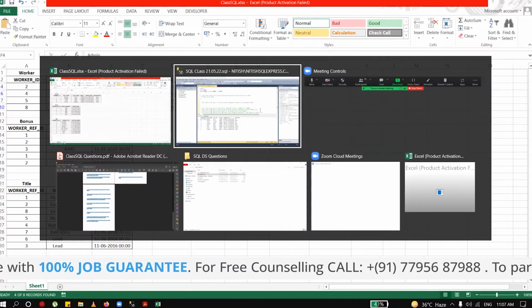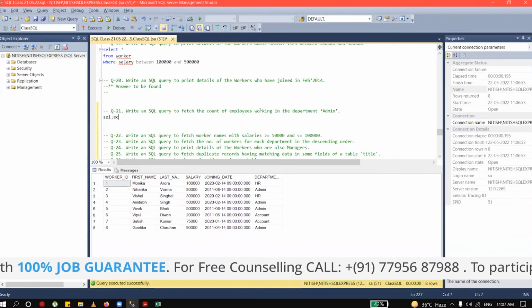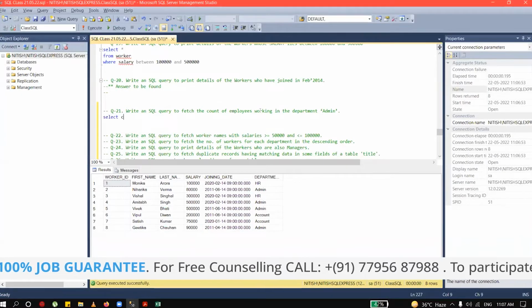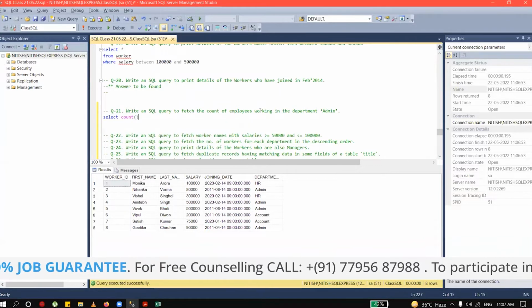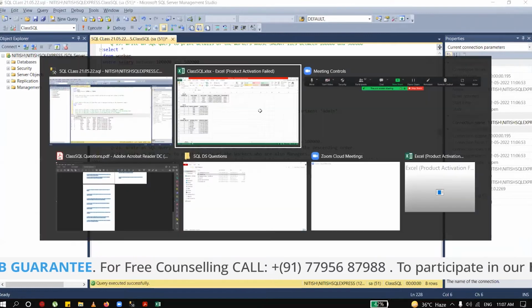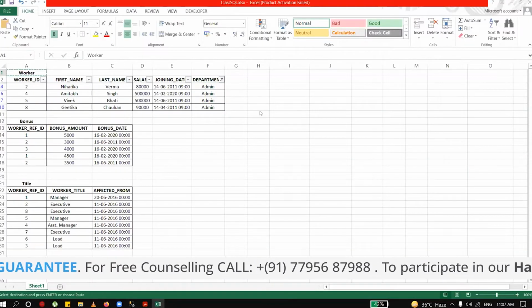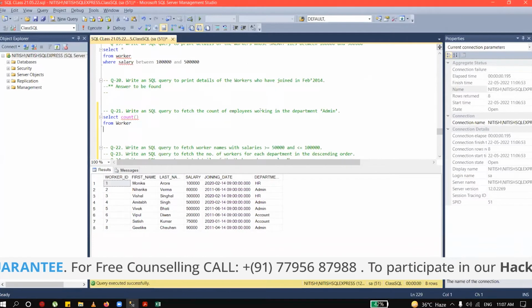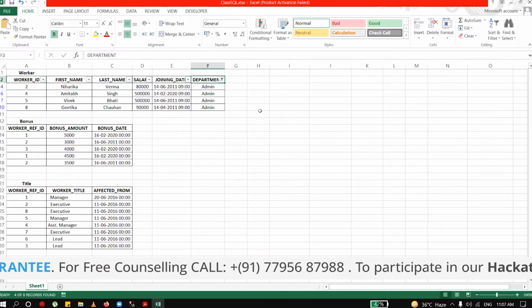So simply write down select count. I will tell you what to write in the bracket. From the table name is worker, as you can see from the top, where my department is admin.